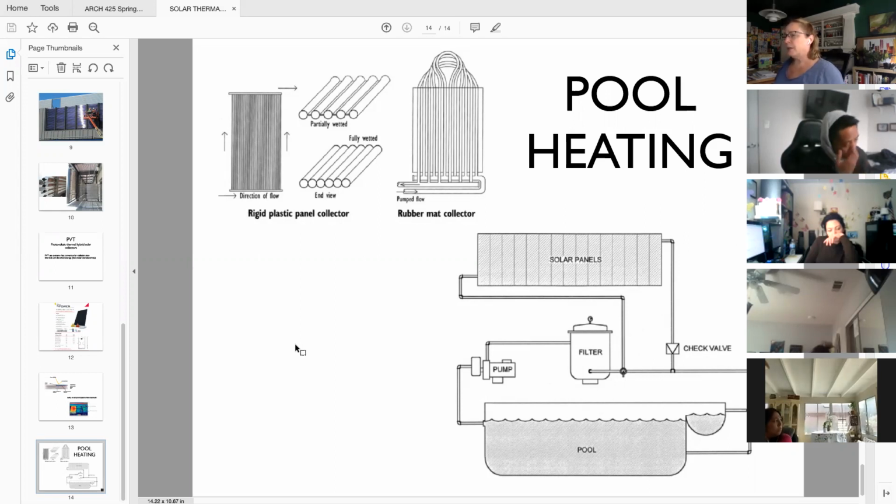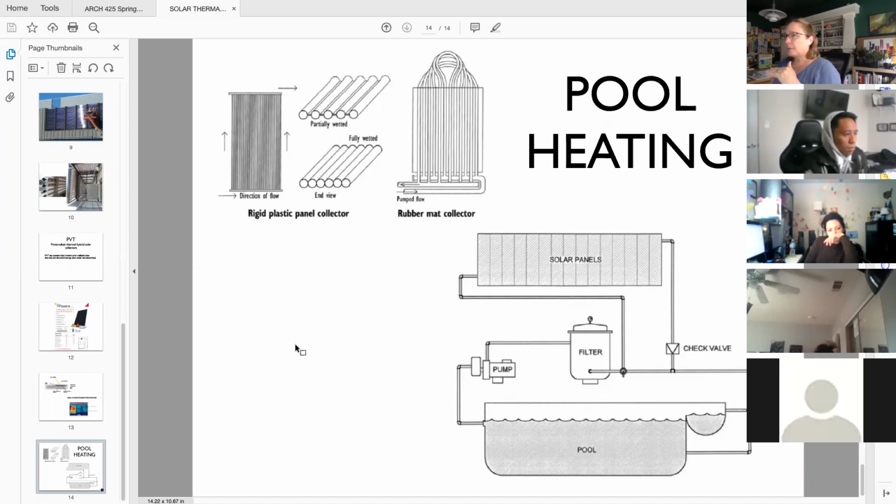You're not going to be able to get year-round pool heating from a flexible black capillary tube pool heating panel. The sun hours in the winter and the loss of not having that collector system insulated or protected by glazing will really defeat the efficiency, and you just can't get the pool temperatures up to where it's comfortable for swimming, not even in San Diego.